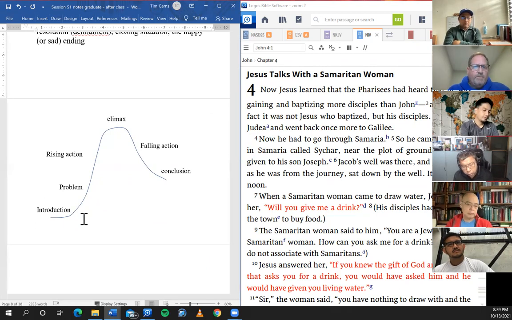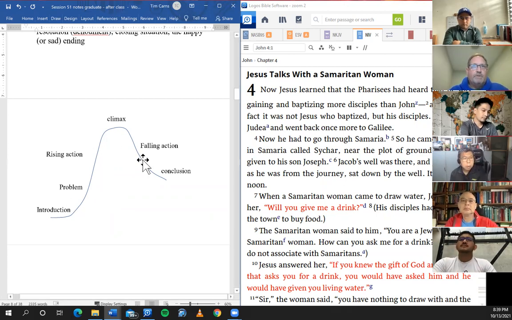As we talked about a little bit last week, when we're looking at narratives in Scripture in particular, we sometimes have self-contained stories, which will have this problem-resolution format.